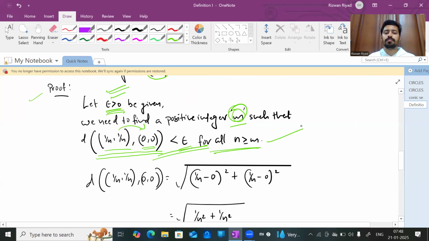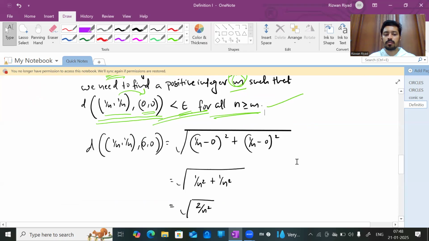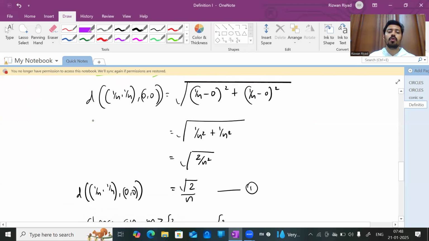Okay, let's see. First of all, what is the distance between (1/n, 1/n) and (0, 0)? I told you already that this is the usual metric. So the distance between them is the root of (x2 minus x1) the whole square plus (y2 minus y1) the whole square. That is the root of (1/n minus 0) squared plus (1/n minus 0) squared.